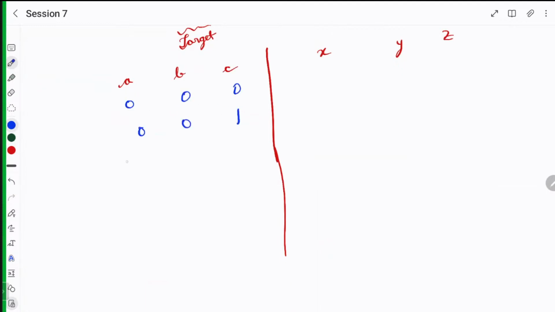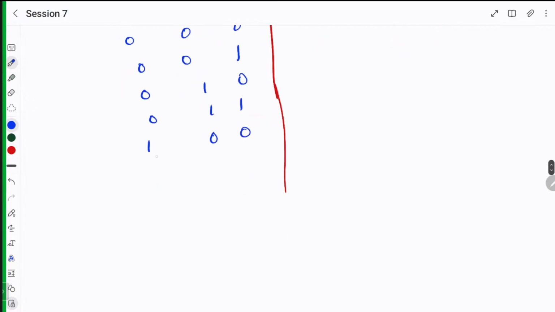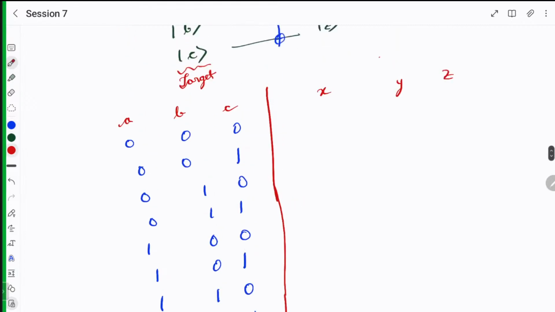Let me write them down, and let's try to see what we will get.